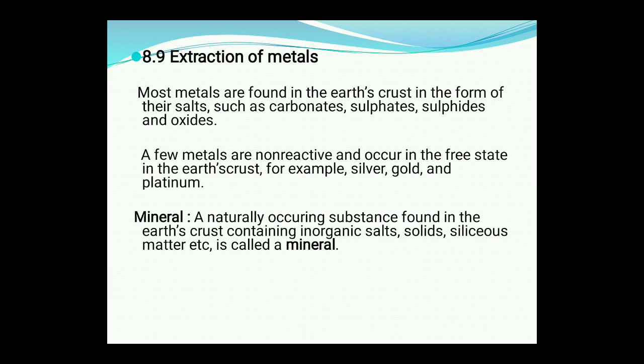Now, what is meant by mineral then? A mineral is a naturally occurring substance found in the earth's crust containing inorganic salts, solids, siliceous matter. Now, understood? What is a mineral? For example, take an example of iron. Do you know where we get large deposits of iron? Those occur in the states of Madhya Pradesh, Chhattisgarh, etc., where large deposits of iron mineral occur.